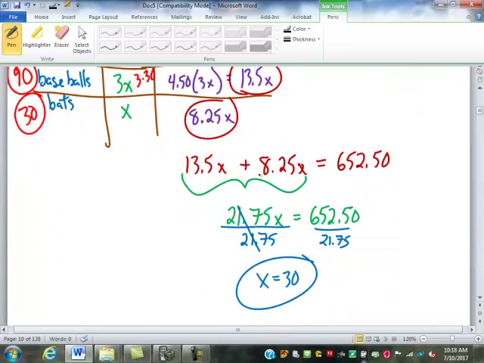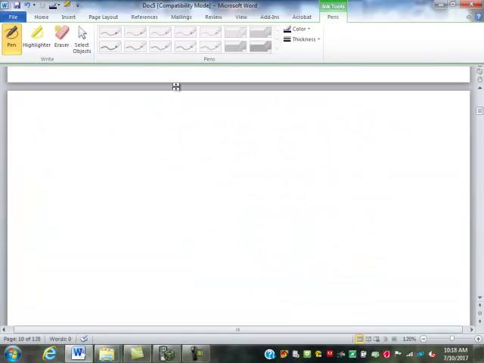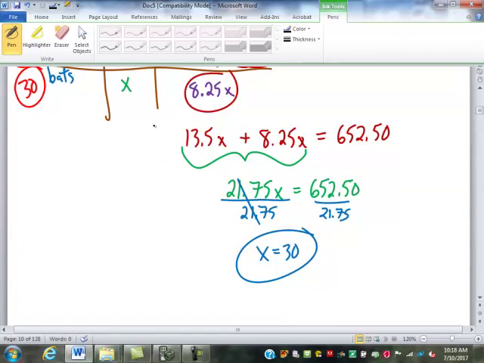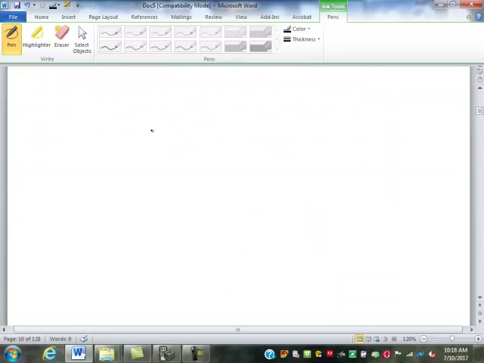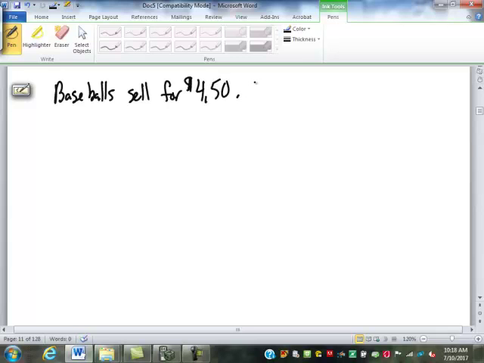Now, to kind of lead us into our break here, I'm going to outline a very similar problem. So baseballs are still going to sell for $4.50. Bats are still going to sell for $8.25.